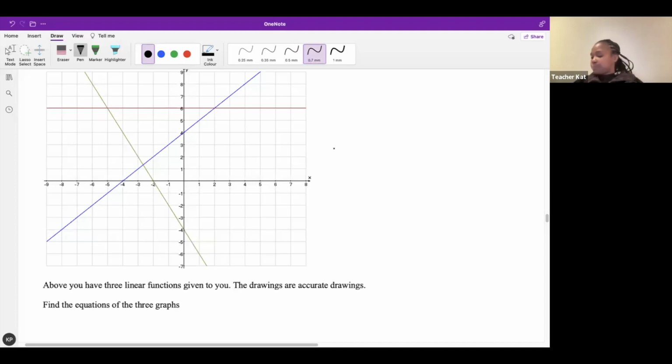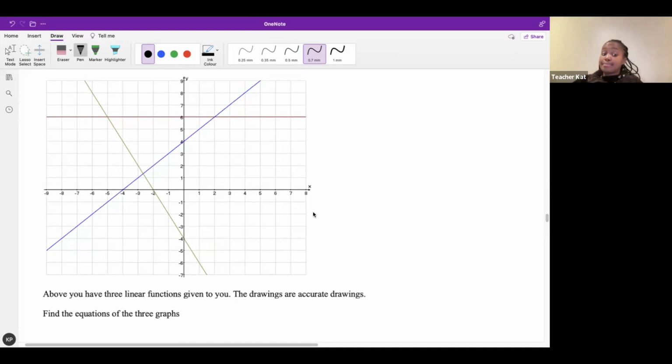We need coordinates. Thank you, Alice. We need at least how many coordinates? Alice says 2. Okay, what does everyone else say? How many coordinates would you guys say we would need to find the equation of a graph?